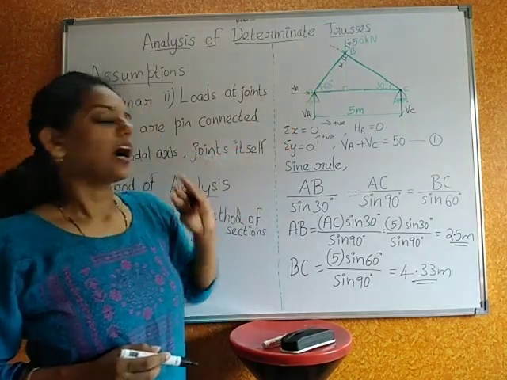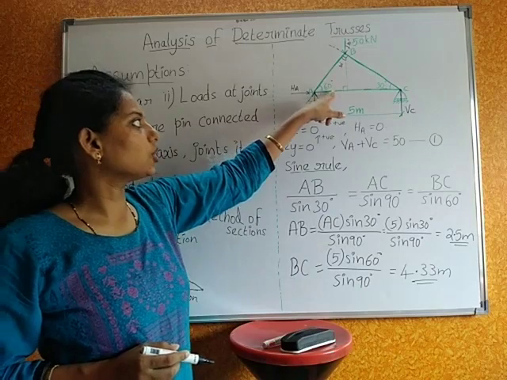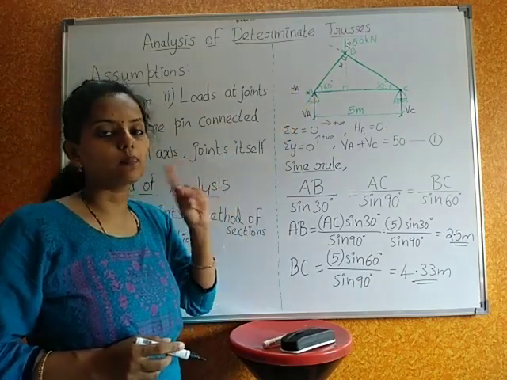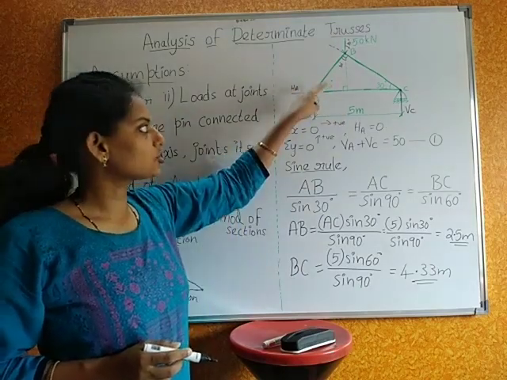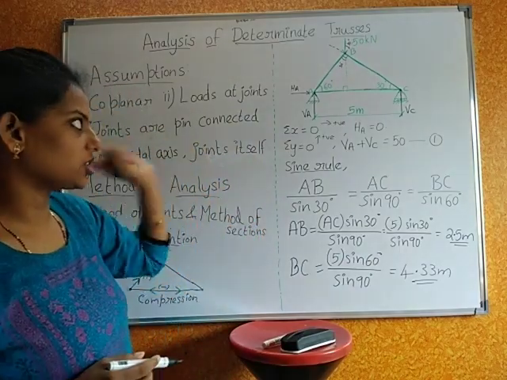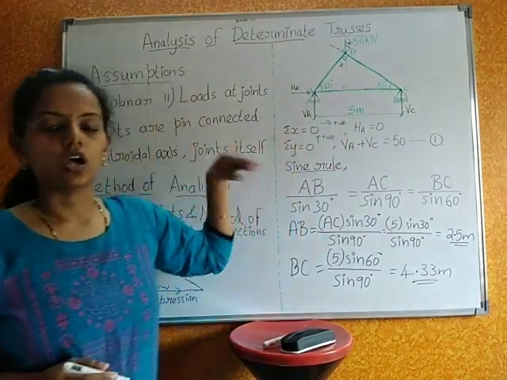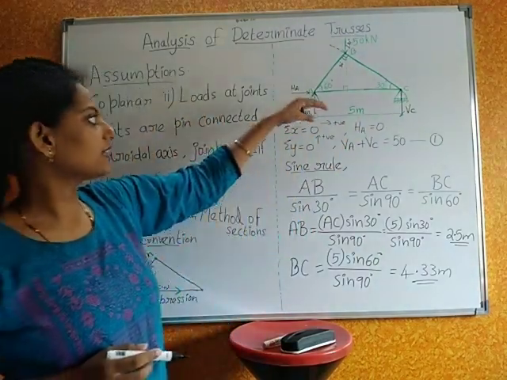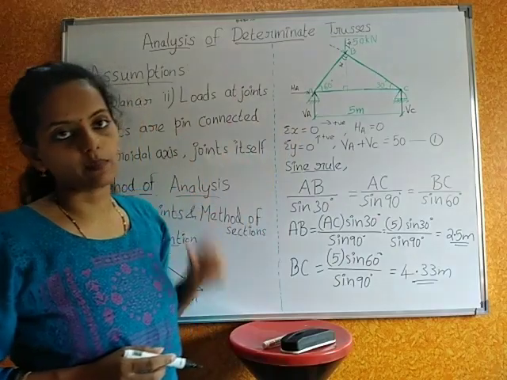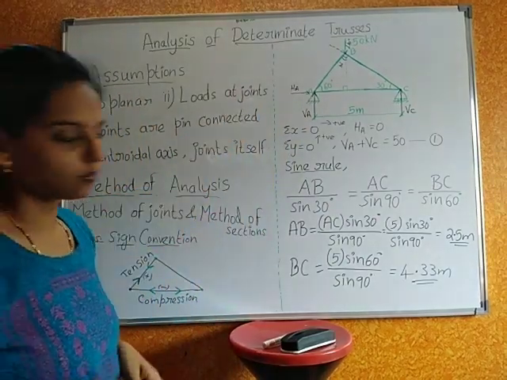One condition to remember: the unknown member forces in each joint should be less than or equal to 2. Then consider each joint, solve it, and finally tabulate all the member forces. We'll solve step by step while solving the problem.